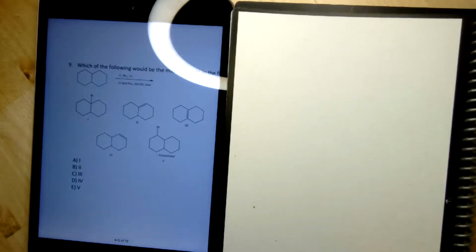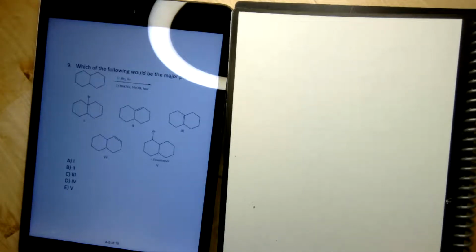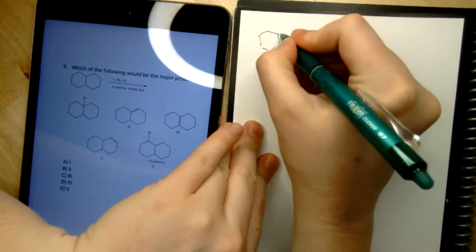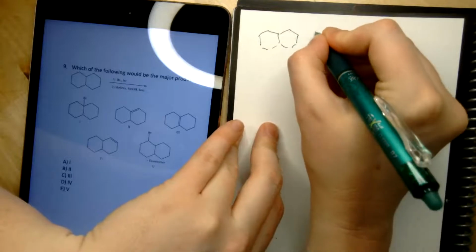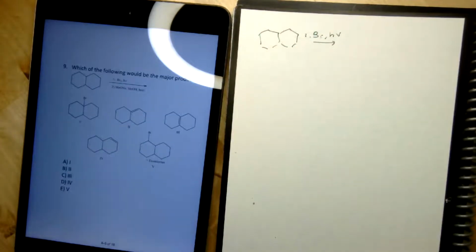Nice. Okay. So this is a multi-step reaction. Part 1 is bromine and light. So I'm going to ask you what kind of reaction you think that could be. If I was working this and I had Br2 and light, I would ask myself, what kind of reaction could this be? And yes, I think it's a radical reaction.